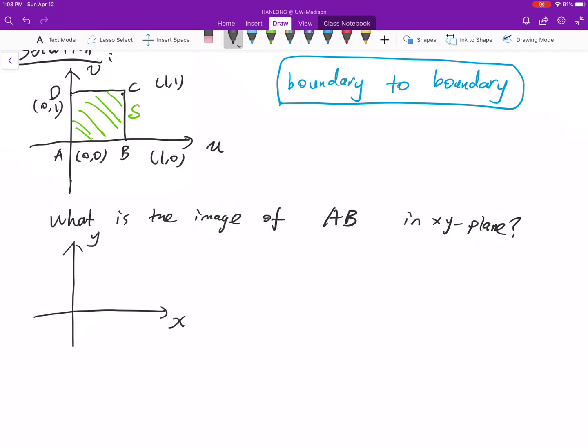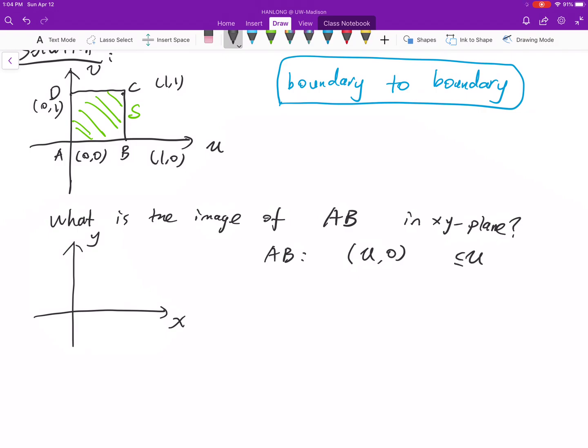Recall AB in the uv plane is parameterized by v equals 0, so u is a variable and v is set to be 0.